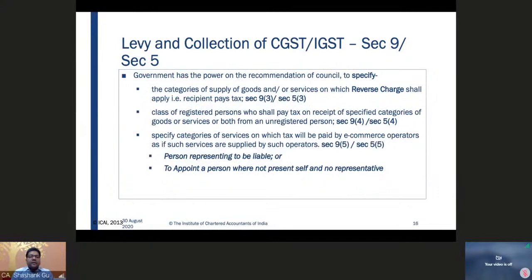First is covered under section 9 subsection 3 of the CGST Act or section 5 subsection 3 of the IGST Act. It says the categories of supply of goods and or services on which reverse charge shall apply, that is, the recipient shall pay the applicable tax.